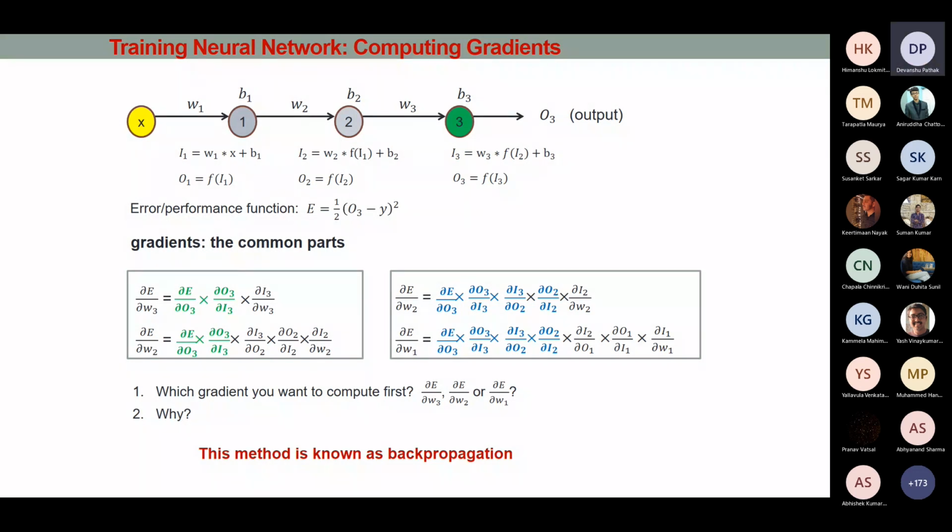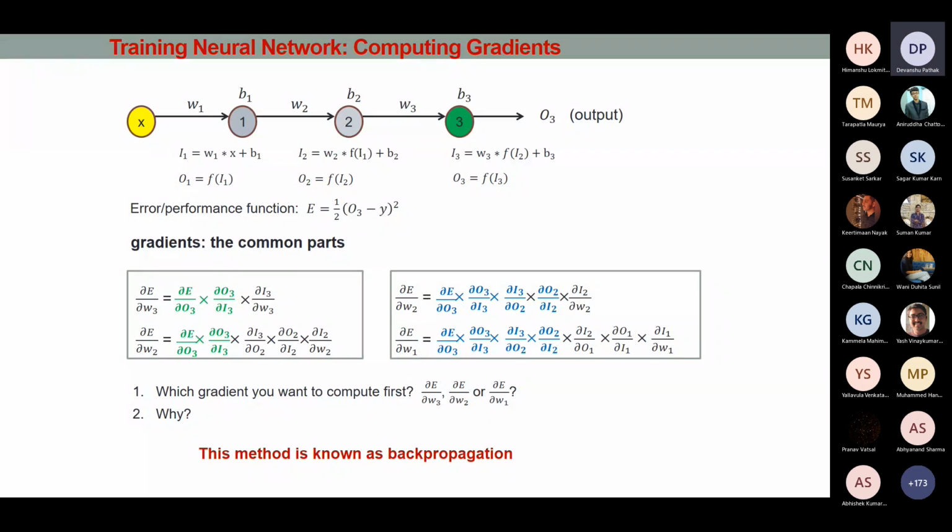In case you are having difficulty, let me explain. If you look at del E del W1, the activation function is what you are applying, function f on input. So O1, O2, and O3 are the three places where you are manipulating the activation function, right? The moment you take the derivative of O1 with respect to I1, you have 1, then O2 with respect to I2, you have 1, and so on and so forth.